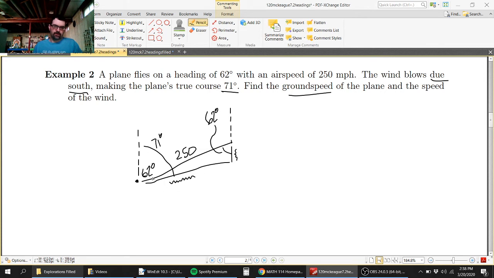And knowing the 71 and the 62, the little skinny guy in the triangle right here, you can just do 71 minus 62 and you'll have 9. And then you've got two of the three angles in the triangle, so you'll get the third one just like that. Even before we figure out the third angle, we have two angles and a side, and that's the first triangle case that we looked at.